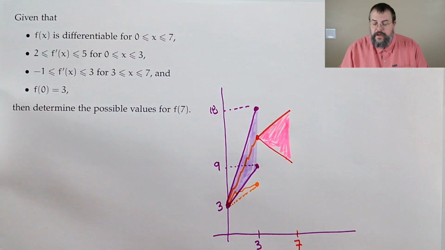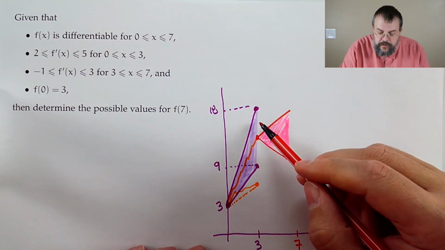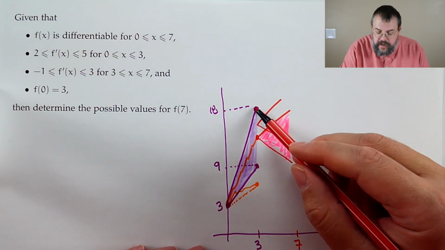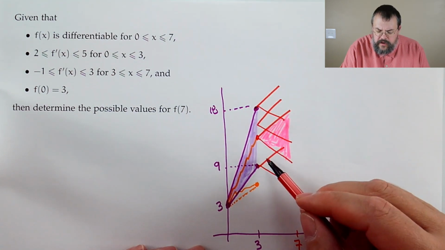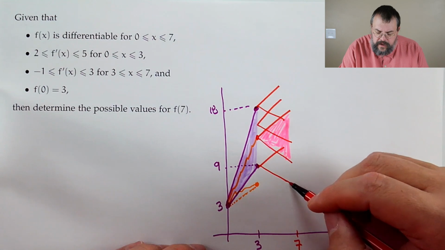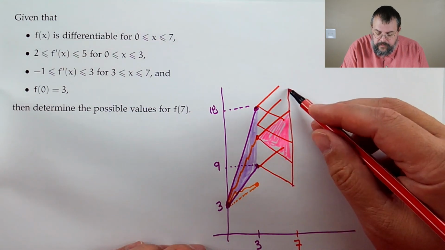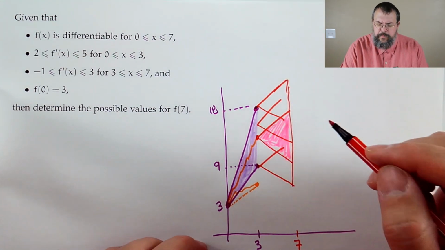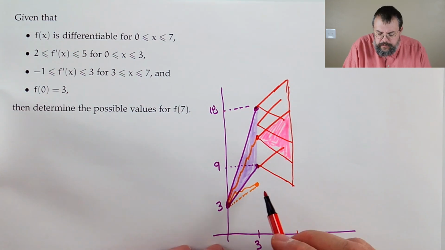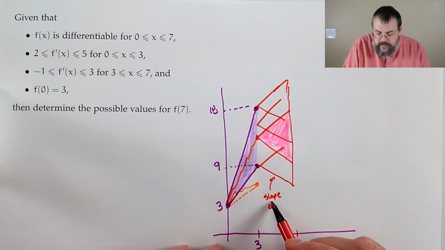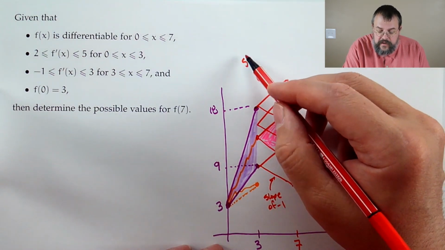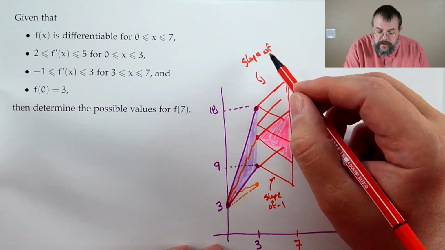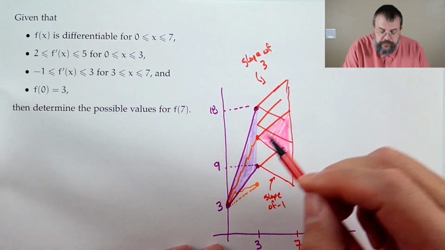So now I can imagine duplicating that cone all the way up and down. And so what we end up with is that we have to stay somewhere in this portion here. This bottom part here is a slope of -1, and the top part is a slope of +3.